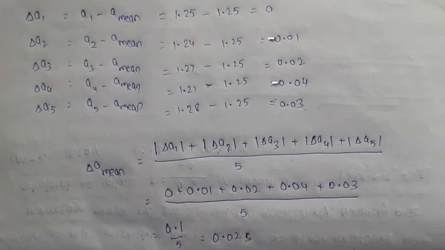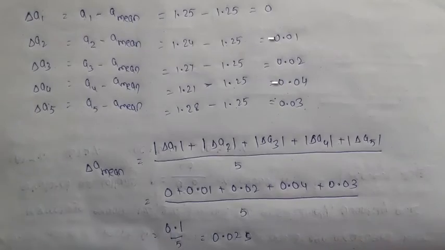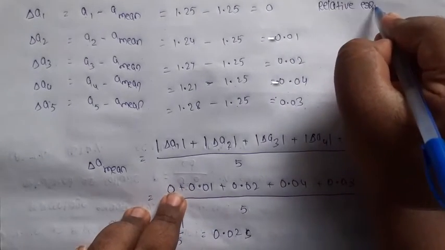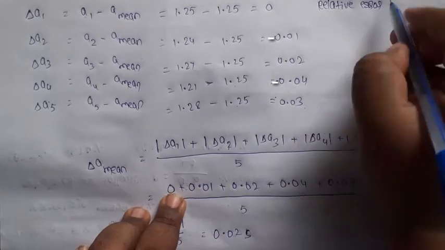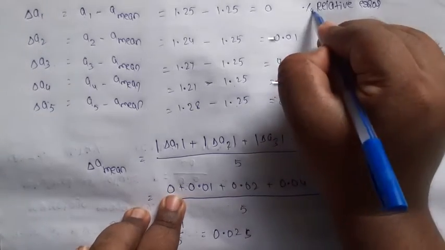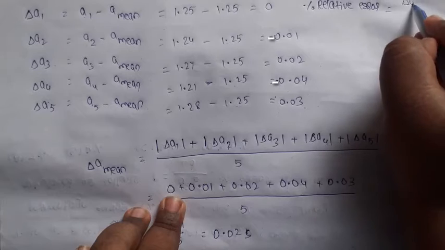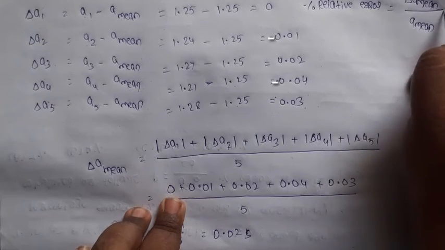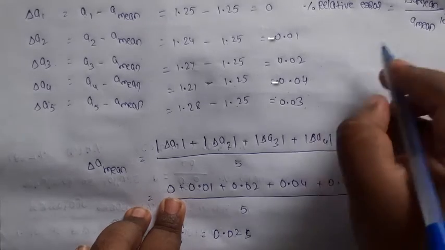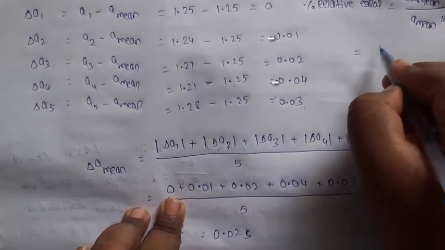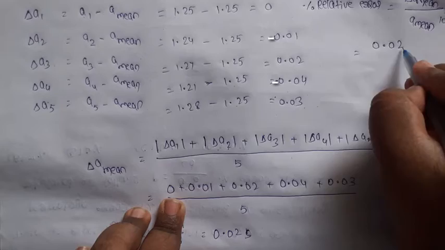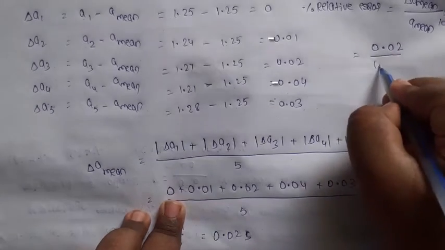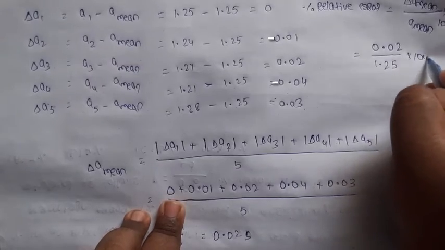Now I am going to find the relative error. If you want the percentage, the relative error percentage is delta A mean by A mean into 100. If you want a percentage, you multiply with 100. So delta A mean value 0.02 by A mean value 1.25 seconds into 100.